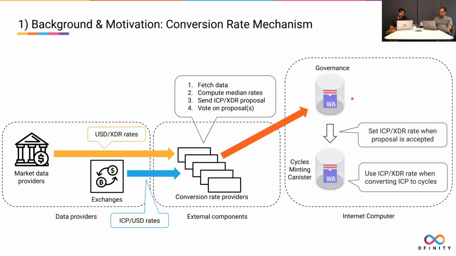And then they also vote on them. This is a fairly automated process running once every 10 minutes. And when a proposal is accepted, the accepted rate is extracted and sent to the cycles minting canister, which updates the current exchange rate. So this is, in a nutshell, how it works currently.